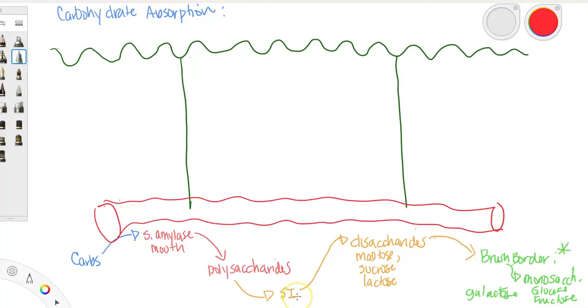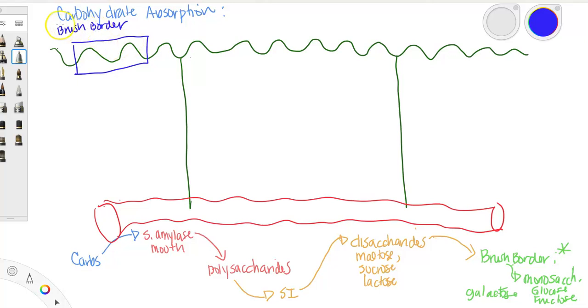Okay. So up here, this is the brush border. This is where the little microvilli are. So I'm going to label that so you'll know. This here is the brush border.